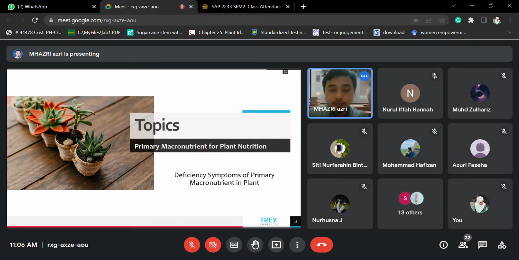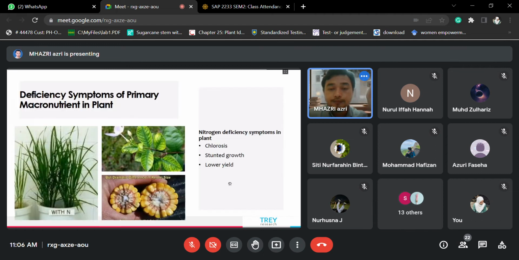The last topic for our lecture today is deficiency symptoms of NPK. Remember, usually the deficiency symptoms are related to the physiological functions in plants. For example, nitrogen.